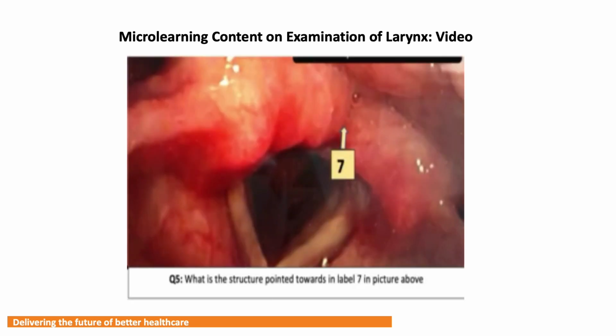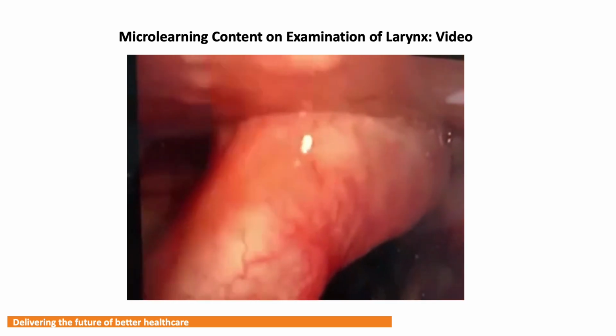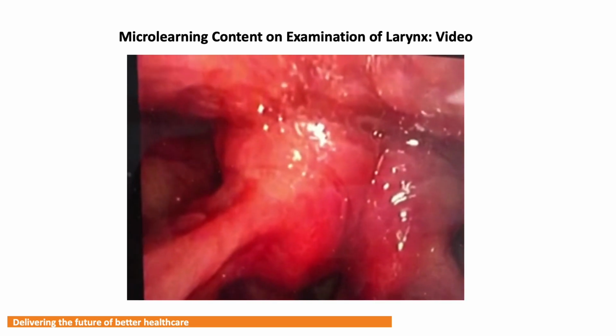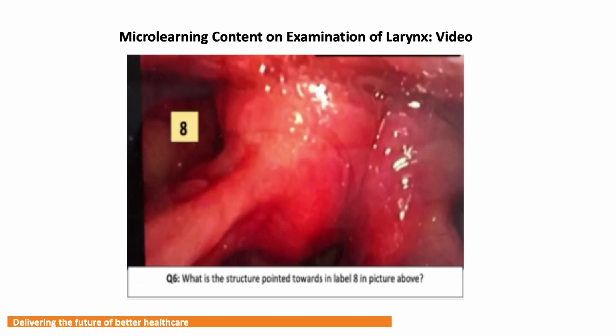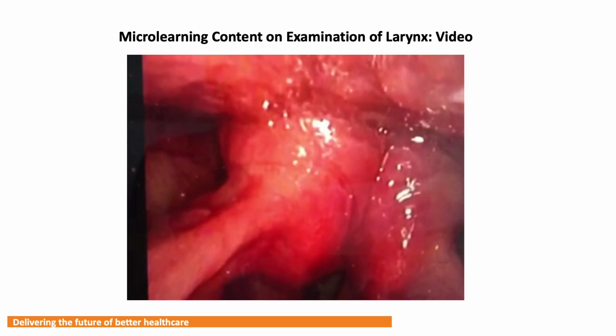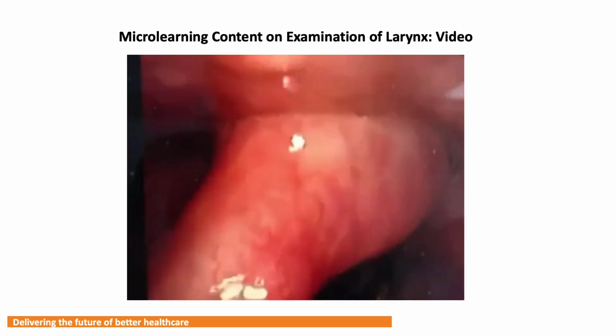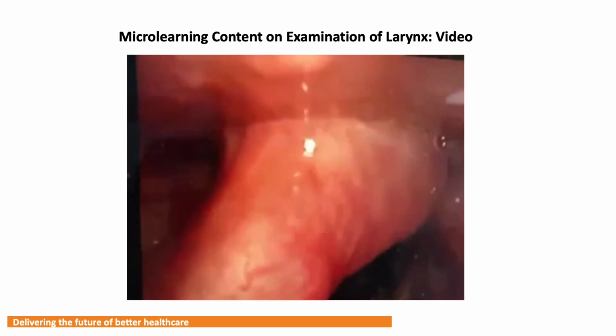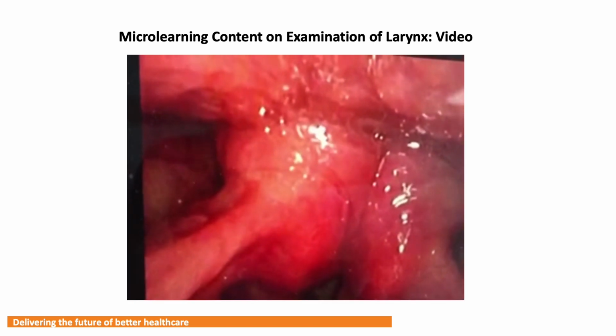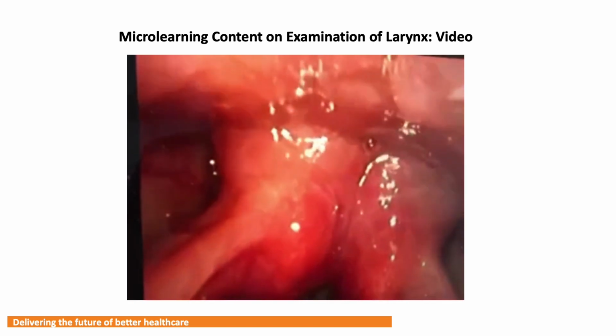Question number 5. What is the structure pointed towards in label 7 in the picture above? What is the structure pointed towards in label 8 in the picture above? Number 7.